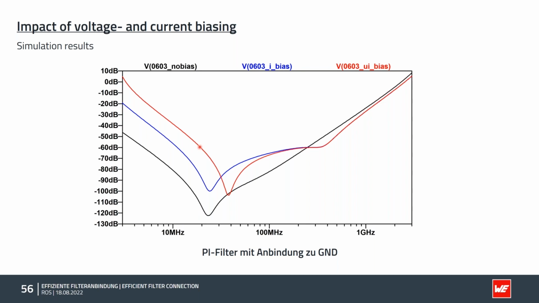You get less attenuation than you expect in your design. And maybe it's too little and you can't reach the specification you like. That's the fact I want to show you today.